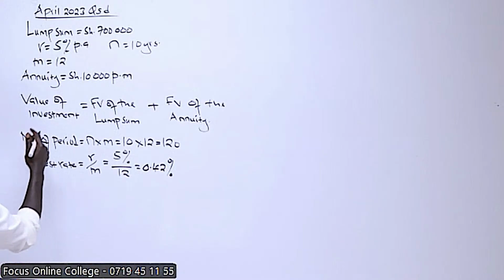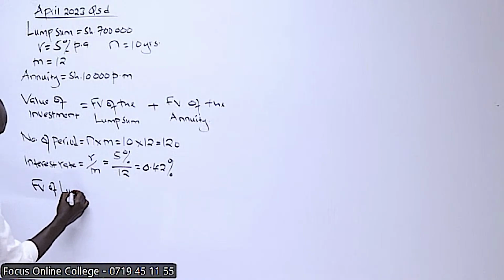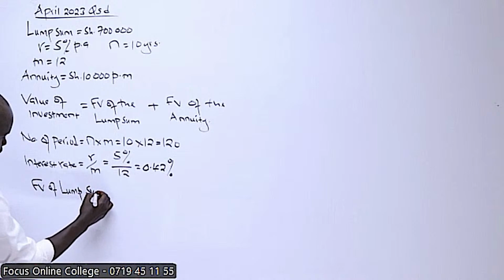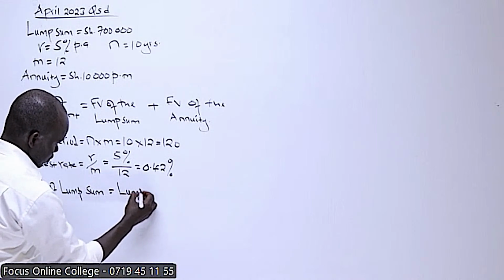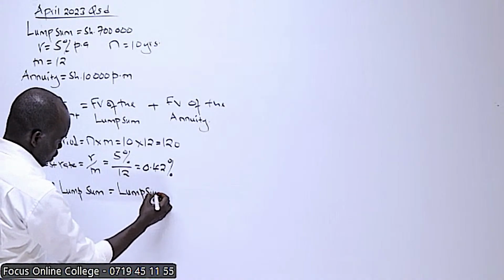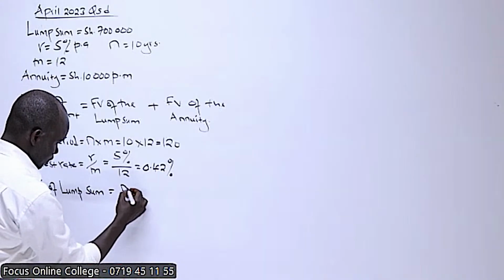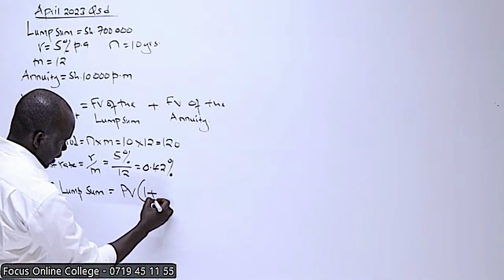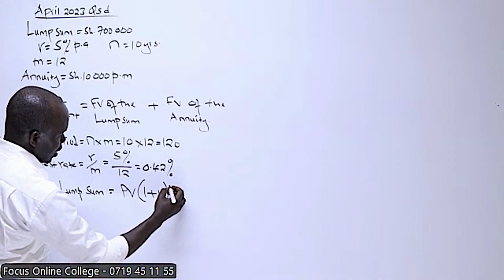So we start with the future value of the lump sum. Future value of a lump sum is equal to present value times (1 plus R) power n.